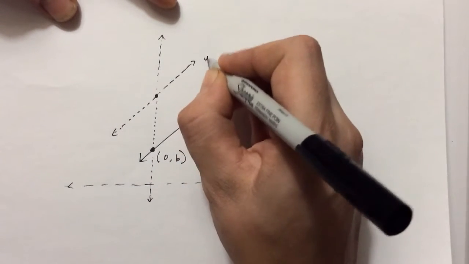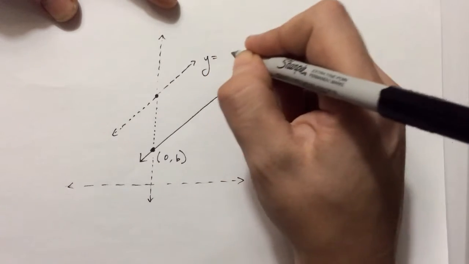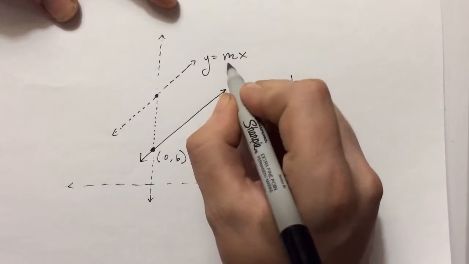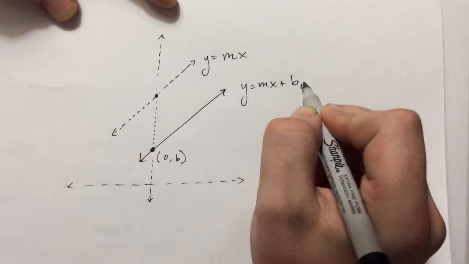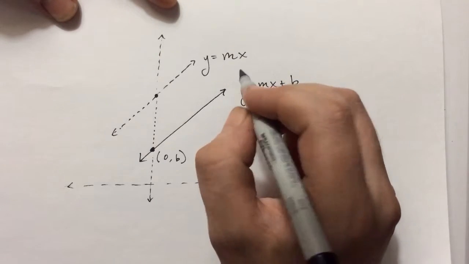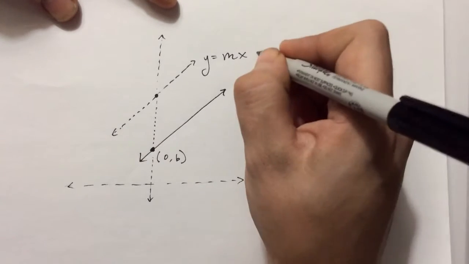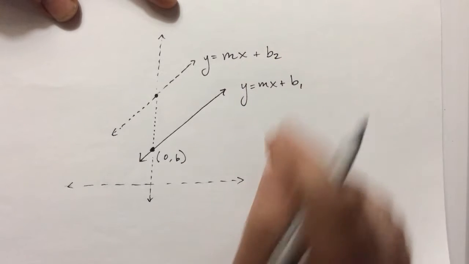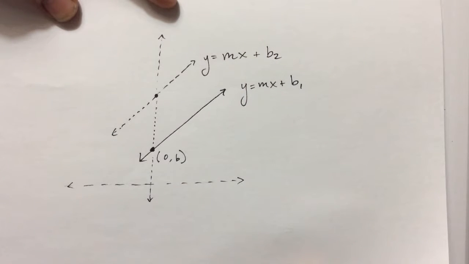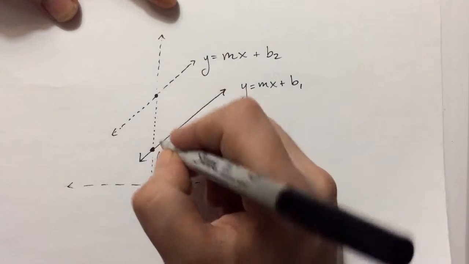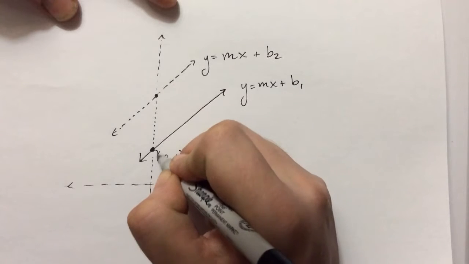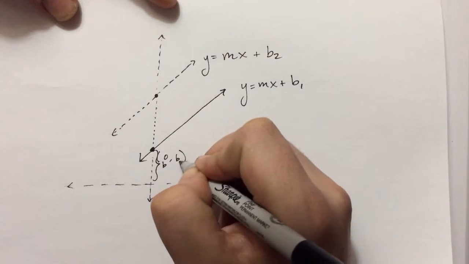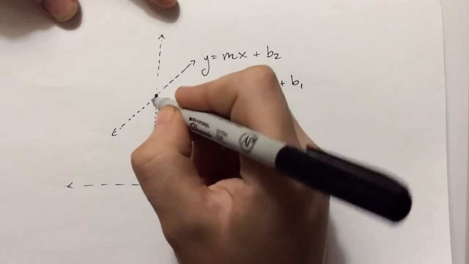So the other line is y equals mx plus b2, so it's got the same slope, but it's just got a different y-intercept. We'll call it b2. So here's the length b, oops, I called that b, let's call it b1.